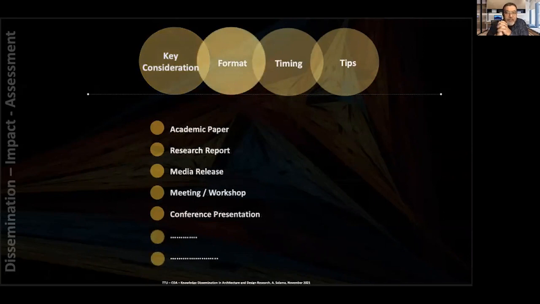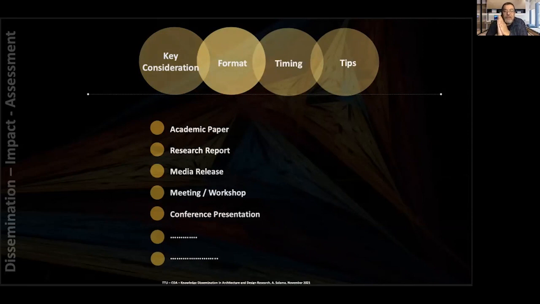The format you use to communicate and disseminate your research and the associated message or messages is really important. And we all know the multitude of ways in which we can disseminate, from conference papers, press release, media release, research report, and all of these.